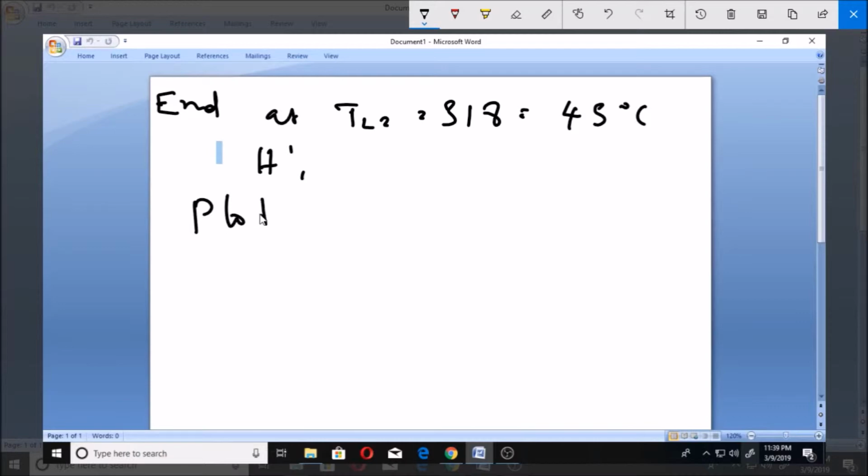But how do we do the plot? We plot N to O, that is, making a tangent.